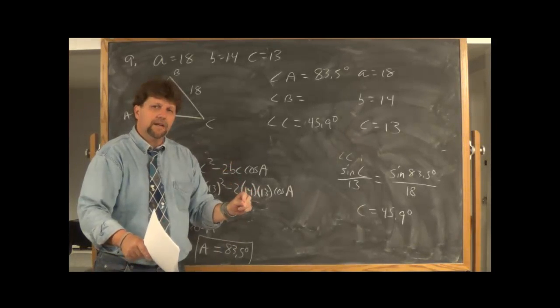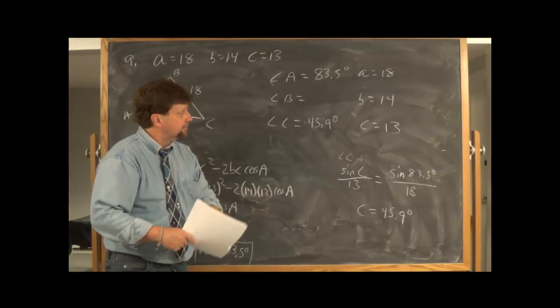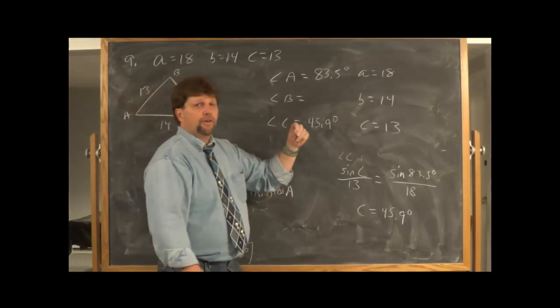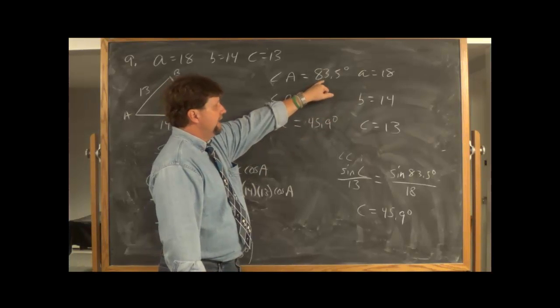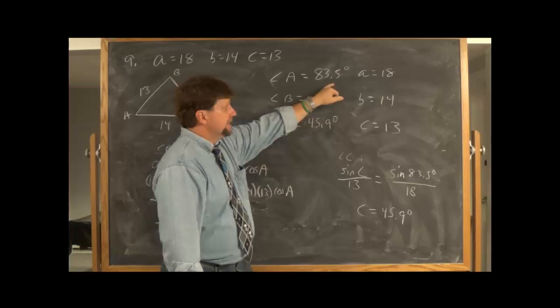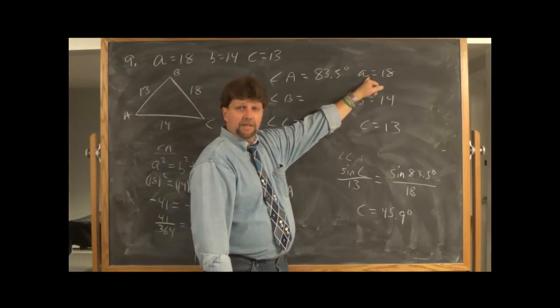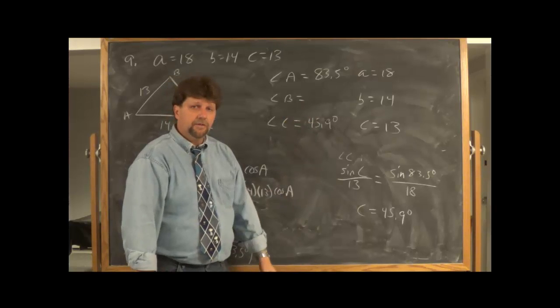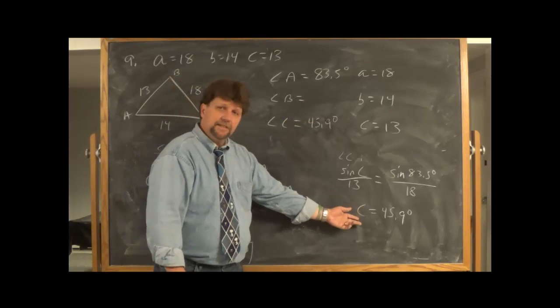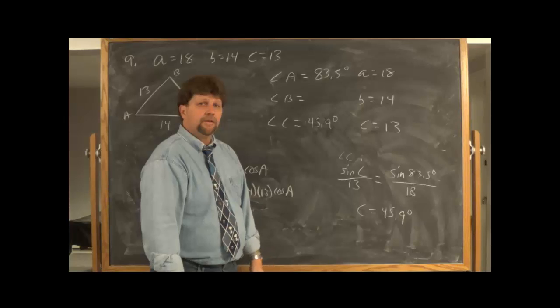Nothing ambiguous there. Thirdly, once I found this angle was 83.5 degrees and it's the largest angle because it's opposite the longest side, I knew these two angles had to be acute. So I know that's the only angle that can work here.